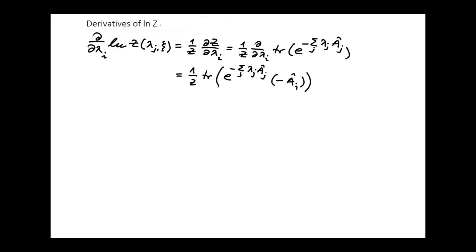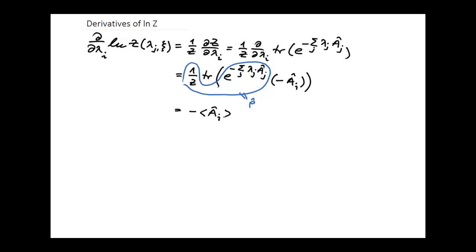But now when you look at this expression here, you recognize 1 over Z times the exponential. This is once again our density matrix. So in fact what we have here is the trace of rho times minus A_i. And this is nothing but minus the expectation value of A_i.